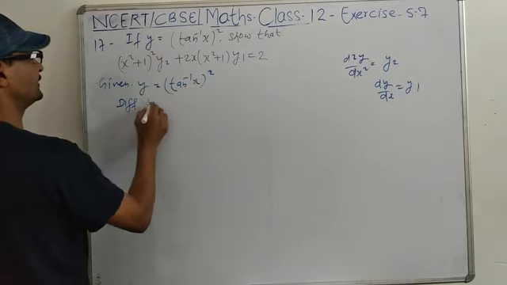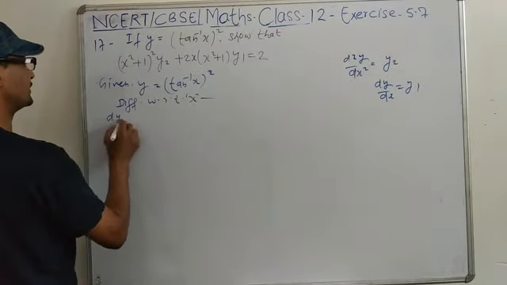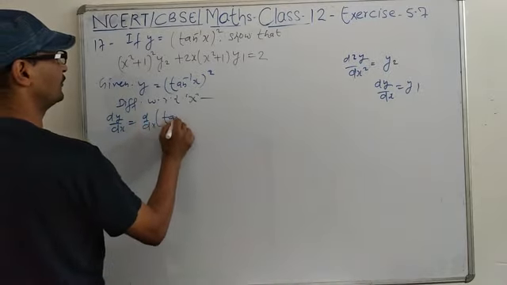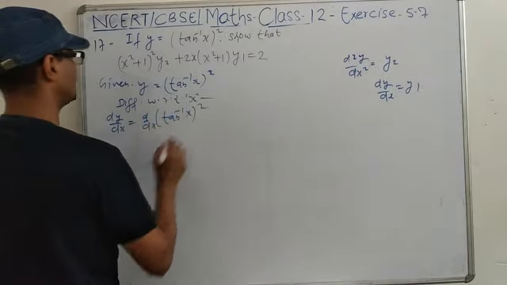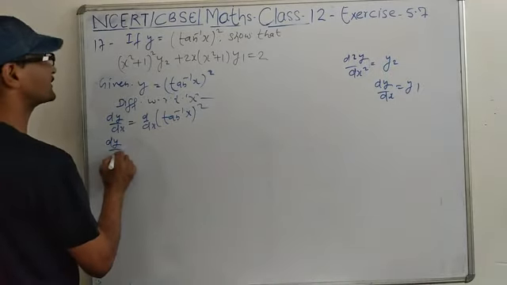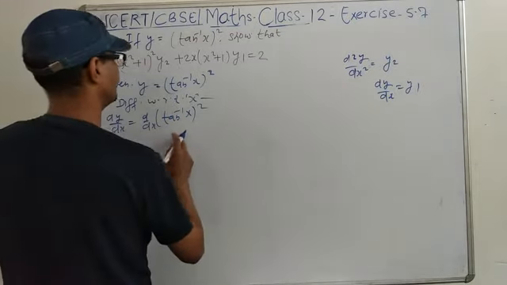and differentiating both sides with respect to x, that means dy by dx equal to d/dx of tan inverse x square.